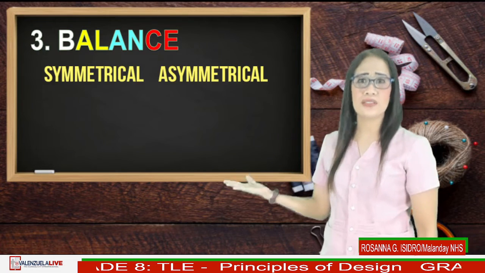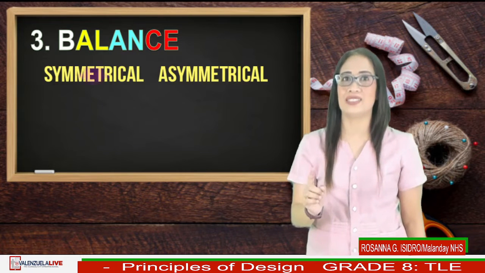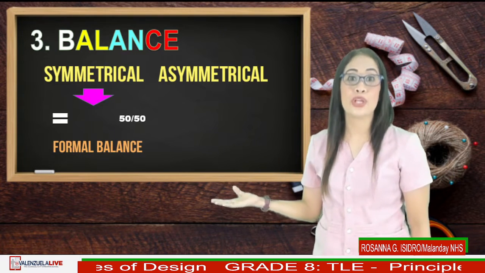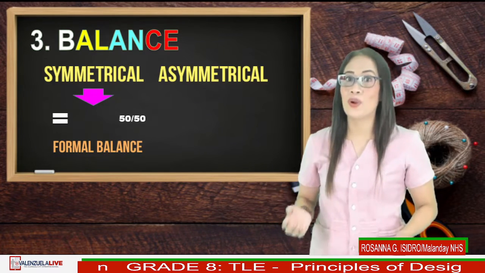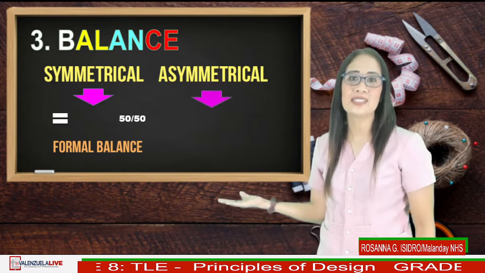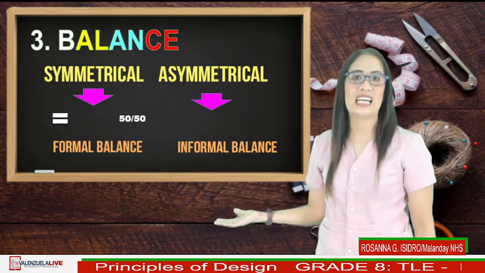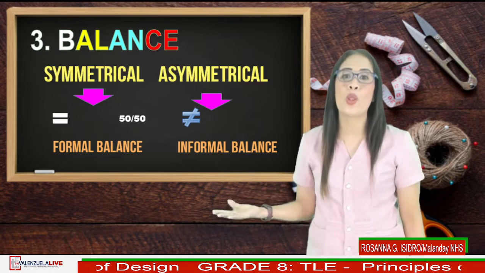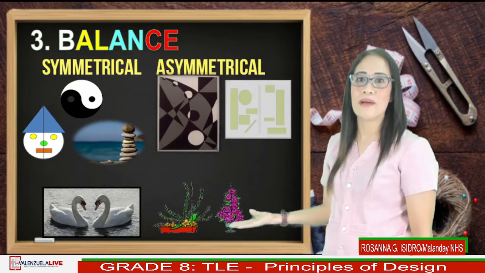When we say symmetrical, it is also known as formal balance, with equal color, shapes, and size, a 50-50 balance, like a mirror, while asymmetrical balance, so-called informal balance, has an equal proportion. These are the example images of symmetrical and asymmetrical balance.